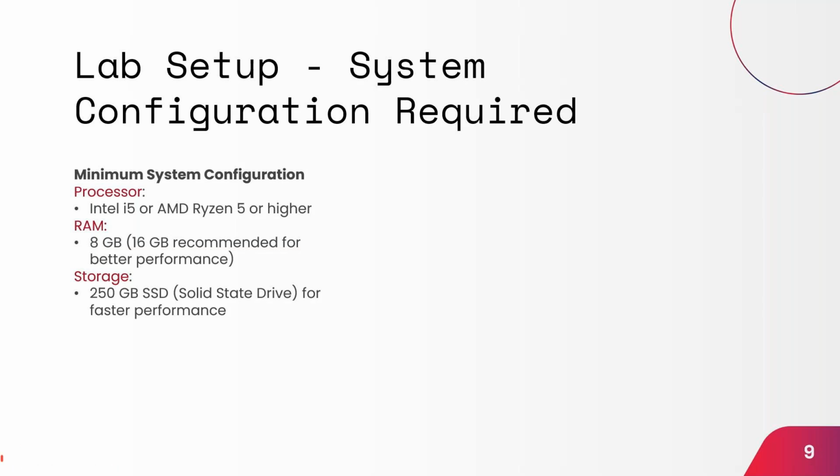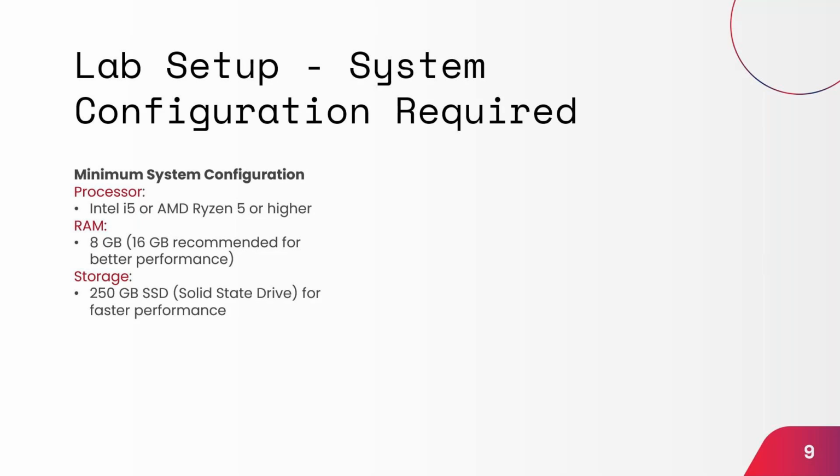This is the minimum configuration, guys, to create your own lab inside your local host. I'm going to help you create this lab with the help of virtualization technology. So for that, this is the minimum configuration.